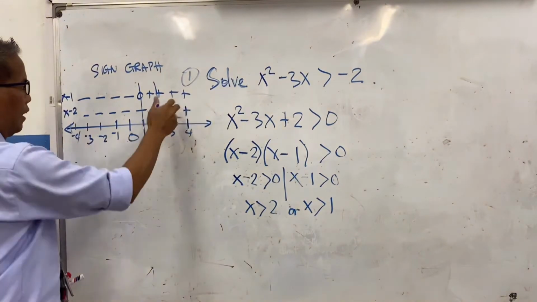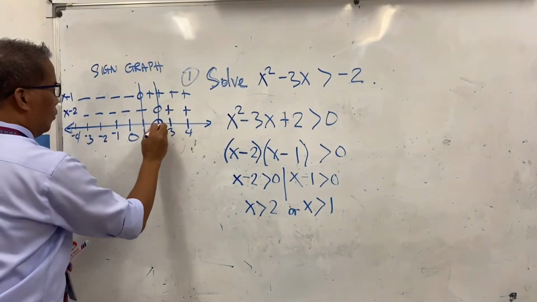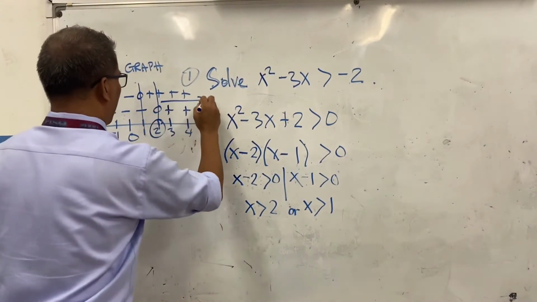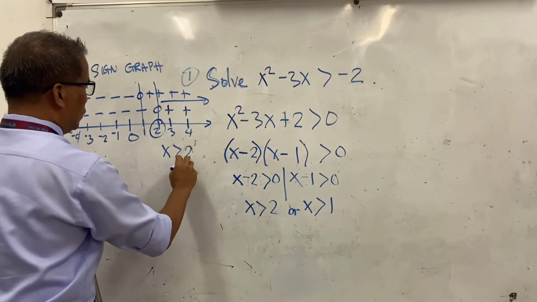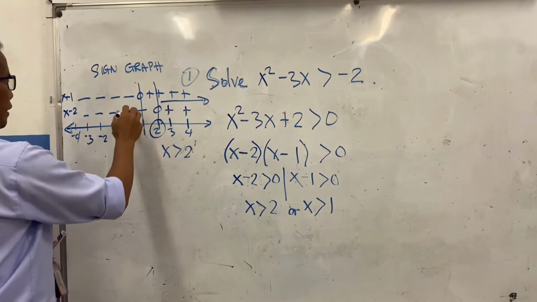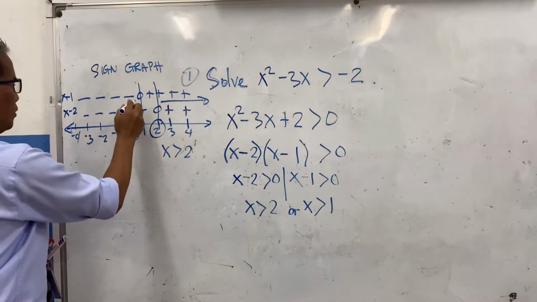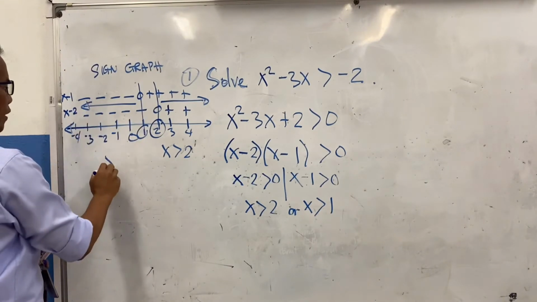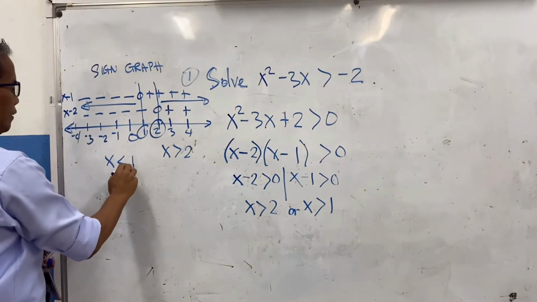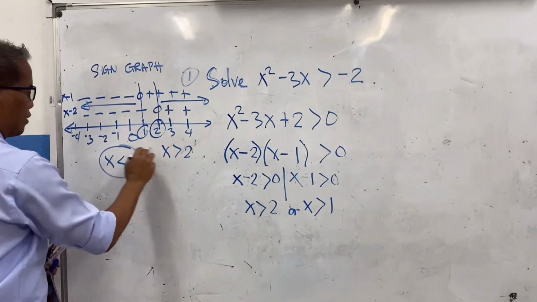So the positive side is here, then we're using these two. Going to the right, we have x greater than 2. Then here, negative, negative. So we have 1 going to the left. So x less than 1. So we have now the answer.